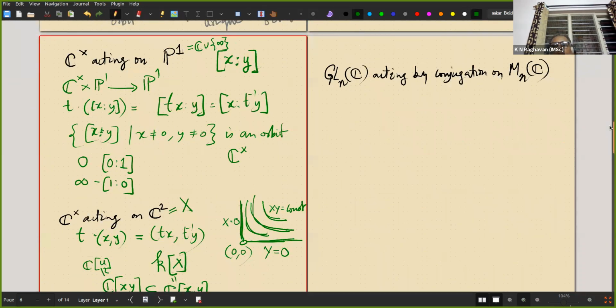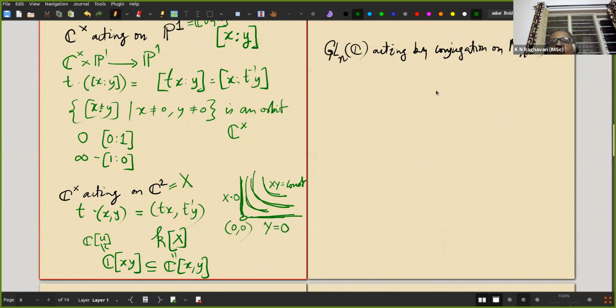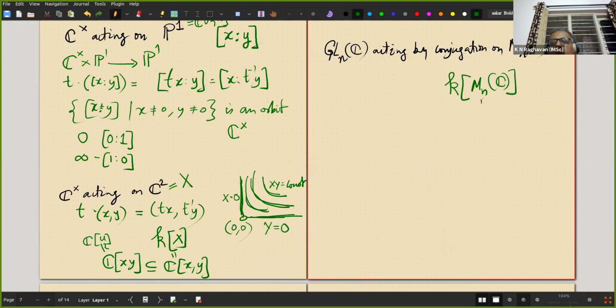Now we come to perhaps an even more interesting example. This is something that I had mentioned towards the end of my last talk. This is GL_n(C) acting by conjugation on M_n(C). So what we have is k[M_n(C)], which you can think of as k[x11, ...], joining n square variables. Let me write it as a matrix.